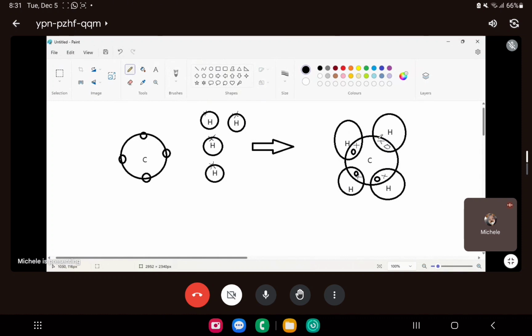You can see in here, hydrogen only has two, right? Hydrogen has two, while carbon in here has 1, 2, 3, 4, 5, 6, 7, 8. Eight in total of atoms. So do you understand? Yes.